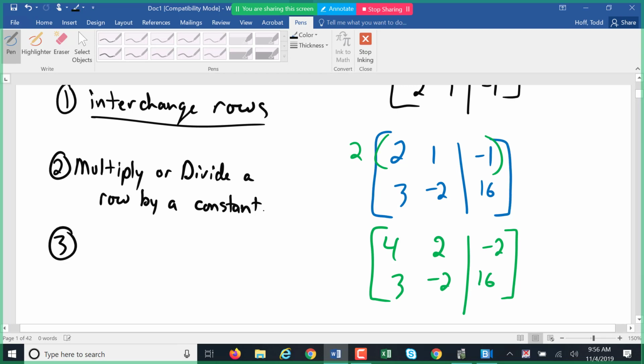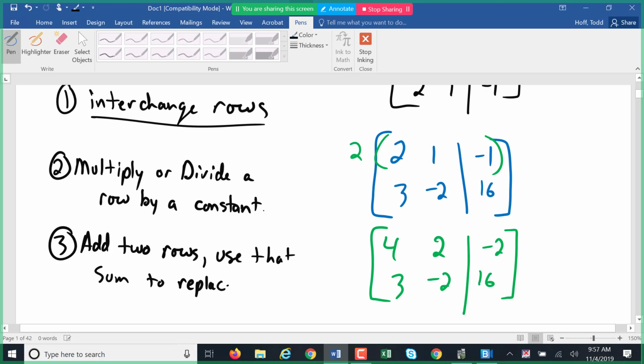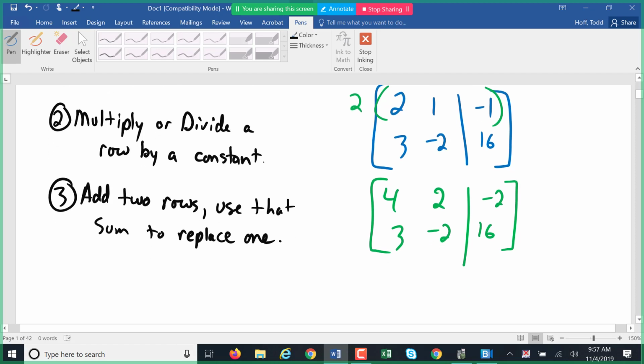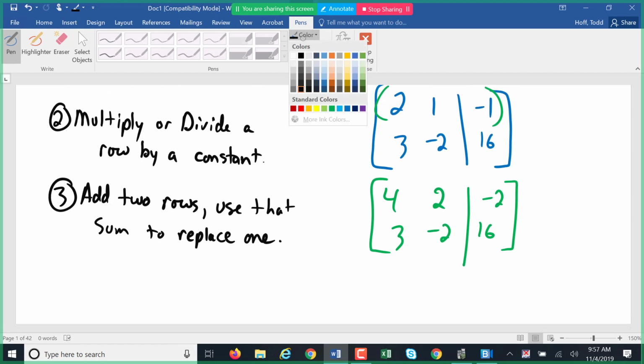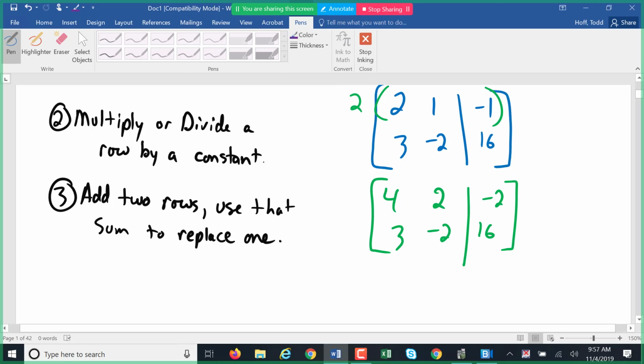The third thing we can do is add two rows and use the sum to replace one of those two rows. Now here I only have two rows, but I can still do it. I can add these two rows. So I'm going to do the 4 plus, and I'm going to replace the top one in this case.